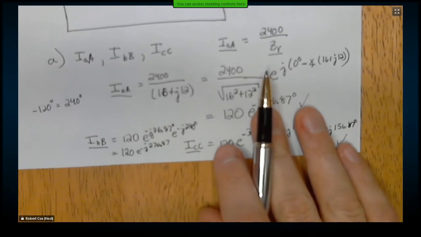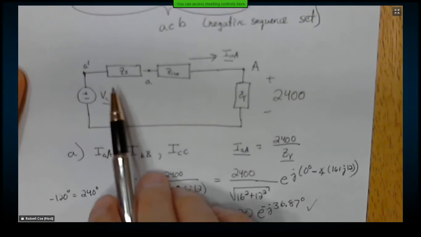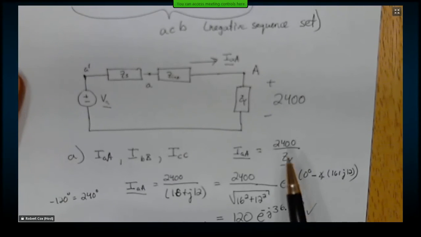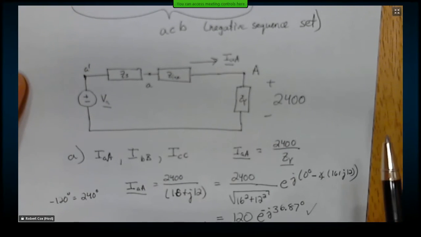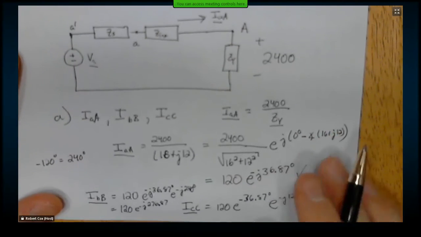Okay? All right, so again, what did we do? Let's follow the process. We created a single phase equivalent circuit. I take that single phase equivalent circuit. In this case, I knew this voltage. I solved for this current by doing 2400 divided by that impedance. All right? That was pretty easy to do.